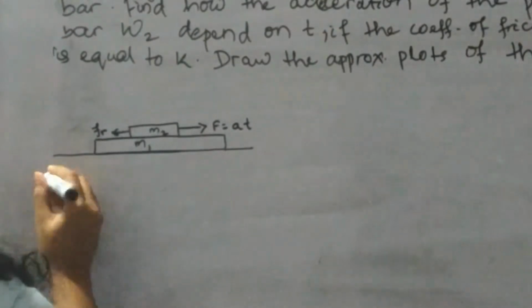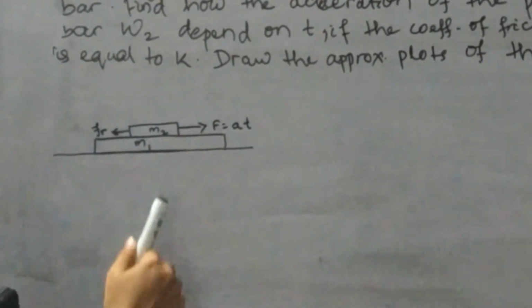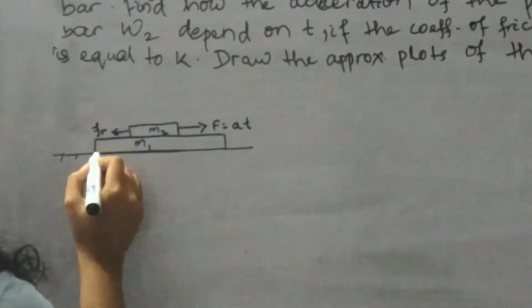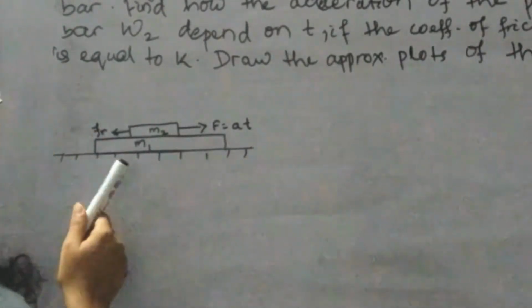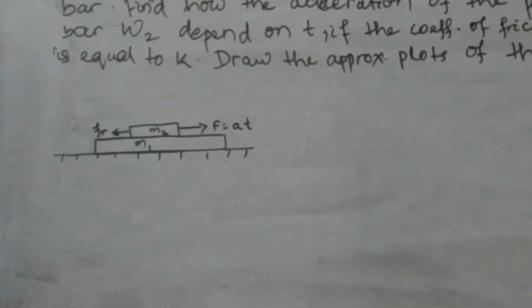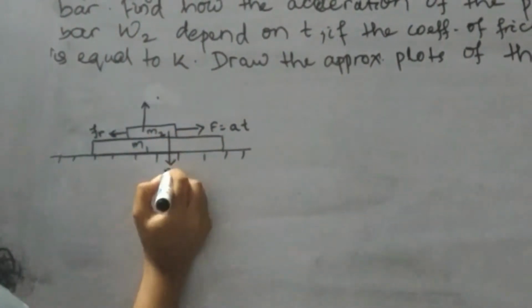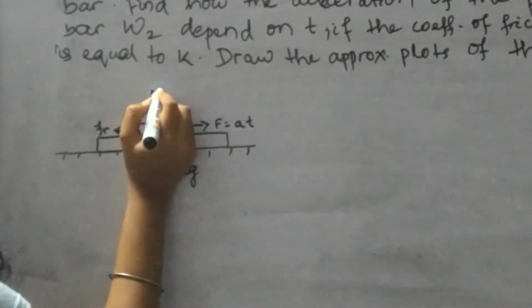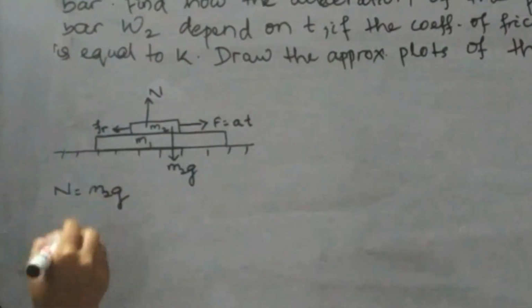Okay? And you can see that this is a smooth surface, that is, there is no friction between this plank and the surface. So we can calculate the maximum value of friction. How much is it? The force due to gravity is m2 into g, and the normal reaction is m2 into g.